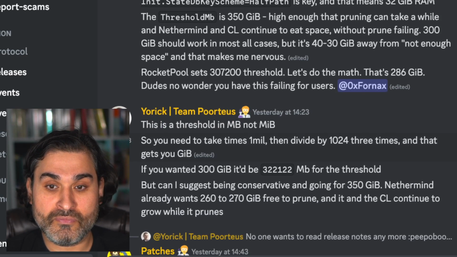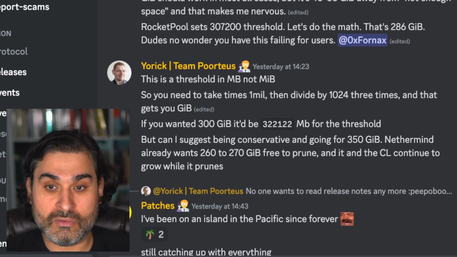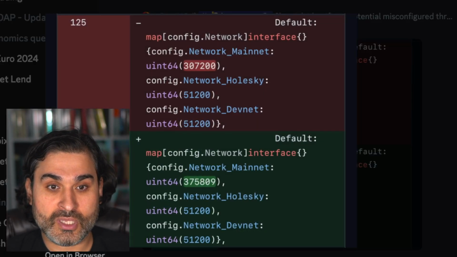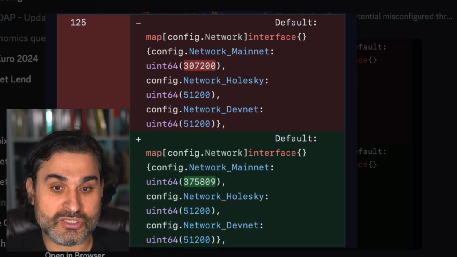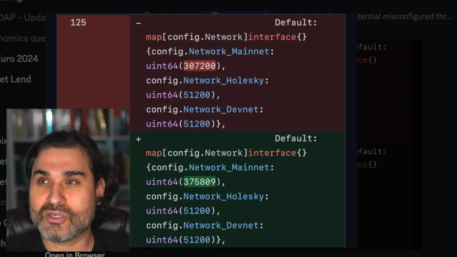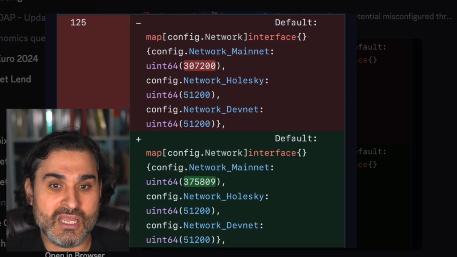So he says that's causing the issue. And then here we have the code where the unit changed from 375,809 megabytes, so basically 350 gig, and then it went down to 286 gig. So you can see that was the change that happened.